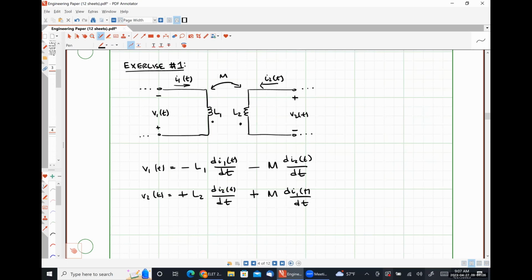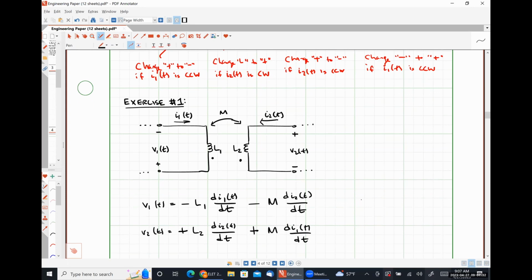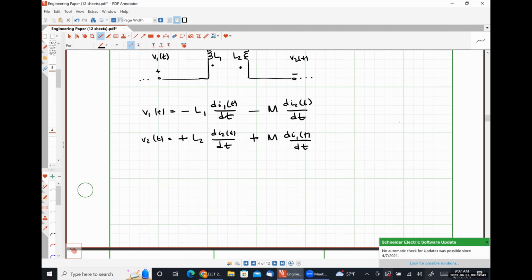Now, looking at it from a different perspective, I want this circuit flipped upside down so that I have positive polarity on top. So I'm just going to redraw it really quickly here. Positive polarity on top, so here is V1 of t.